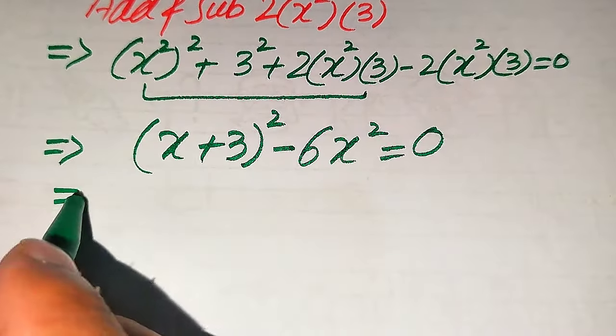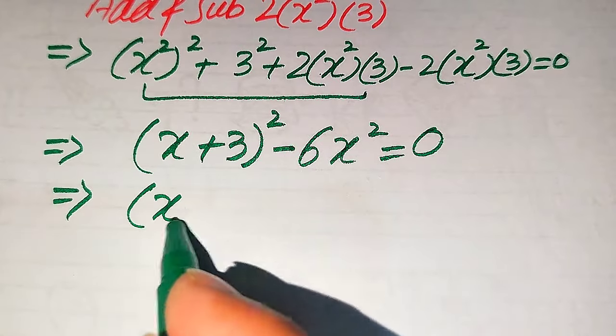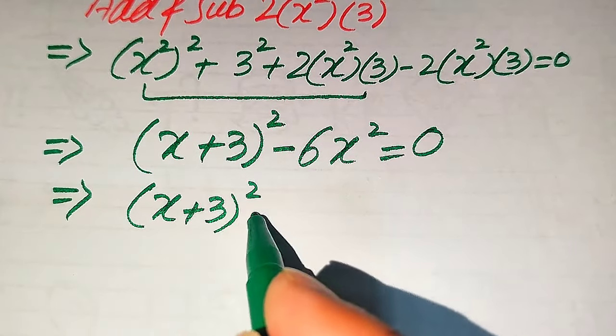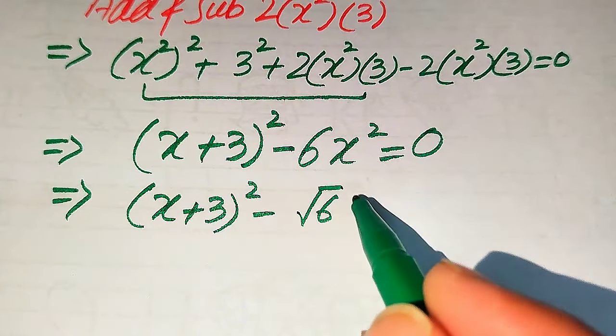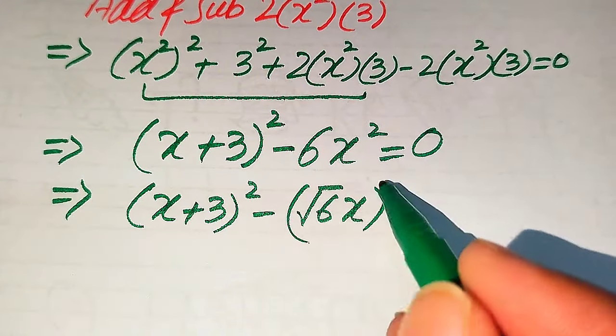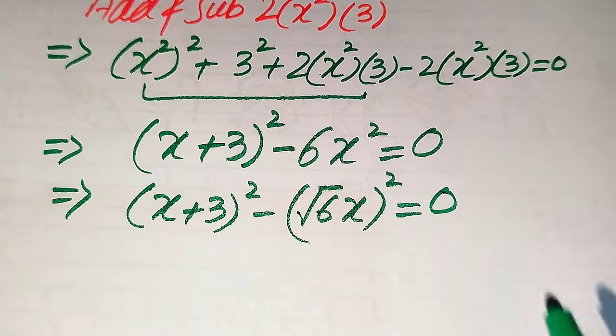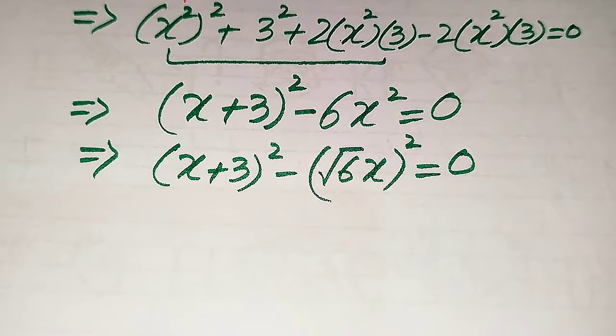So here we rewrite this equation as x plus 3 whole square minus, we write the 6 times x square as square root of 6x and its whole square, and this whole equation is equal to 0.